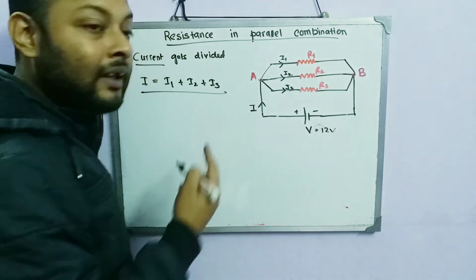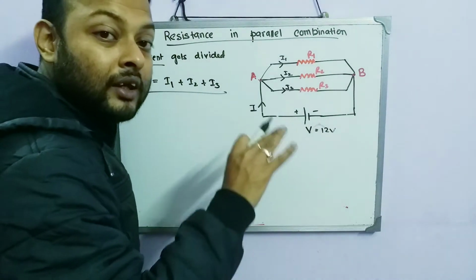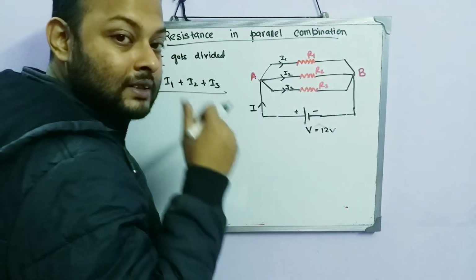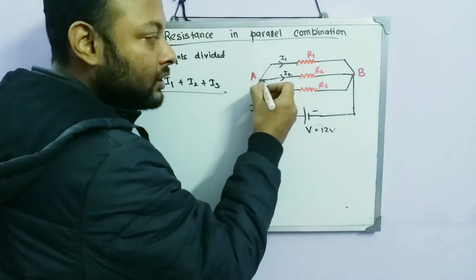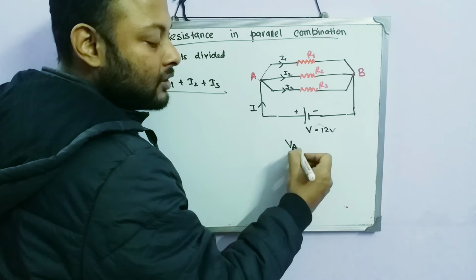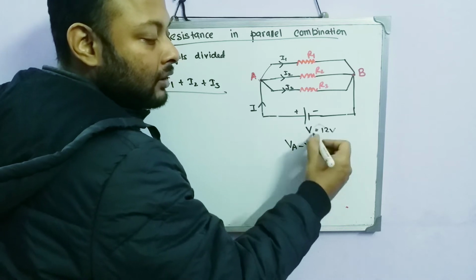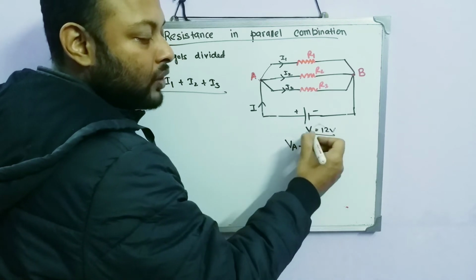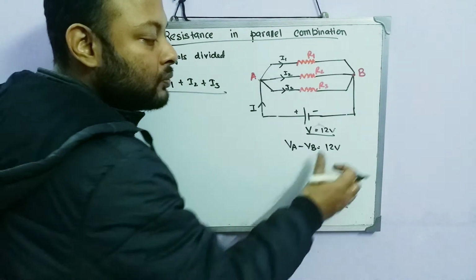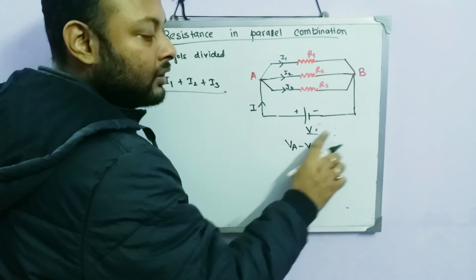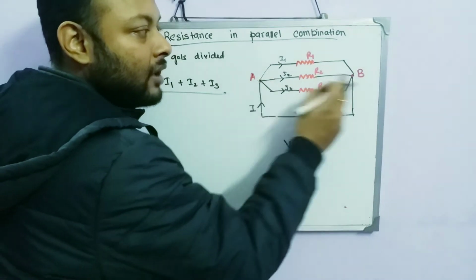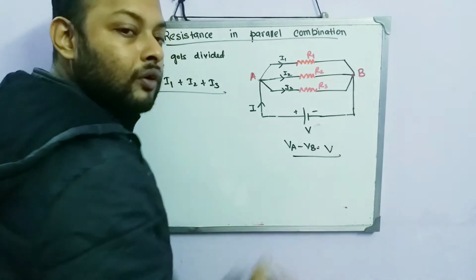Means in a parallel combination, the potential across the three wires remains the same, because all three wires are between A and B, and the potential drop VA minus VB is equal to 12 volt only. If I am giving this potential as V over here, then VA minus VB is also equal to V.